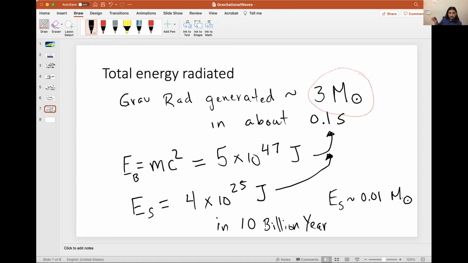If you convert all of the energy that the sun is emitting over its lifetime, which would be between 9 and 10 billion years, I'm just using 10 to round up, and convert that energy radiated, electromagnetic radiation radiated by the sun over its whole lifetime, several billion years, it's less than 1% of its solar mass. Does that make sense?